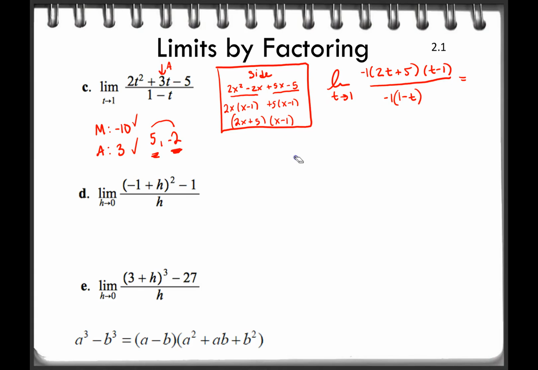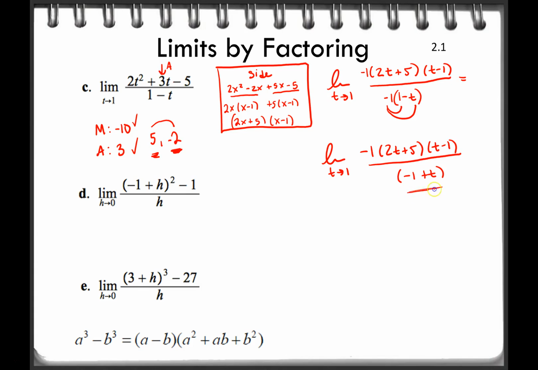That's going to give me, and I'm just going to keep my -1 on the outside on the numerator, so -1 times 2t plus 5 times t minus 1. But in the denominator, I'm actually going to multiply this through, and that's going to give me a -1 times 1 is -1, -1 times -t is a plus t. And now we actually have a match.